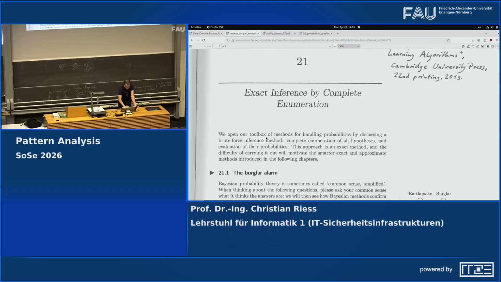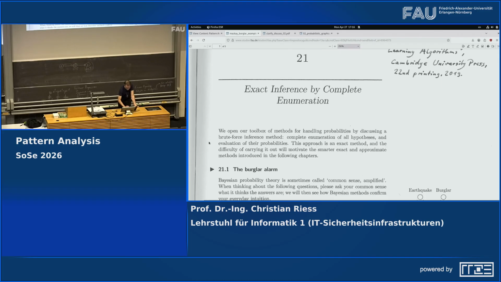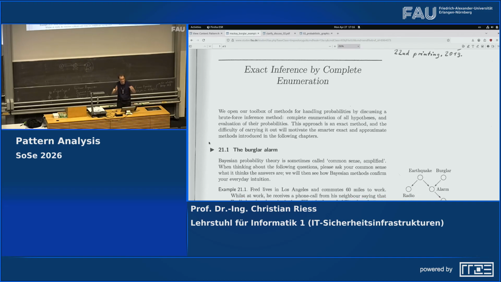"We open our toolbox of methods for handling probabilities by discussing a brute force inference method: complete enumeration of all hypotheses and evaluation of their probabilities. This approach is an exact method, and the difficulty of carrying it out will motivate the smarter, exact, and approximate methods introduced in the following chapters." Okay, so please feel motivated. Let's have a look.